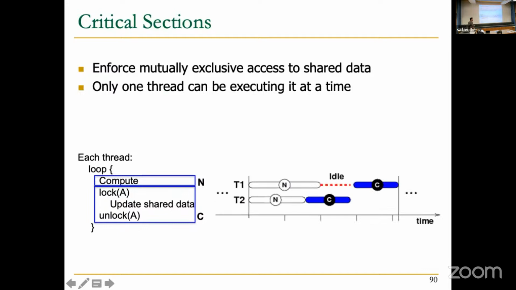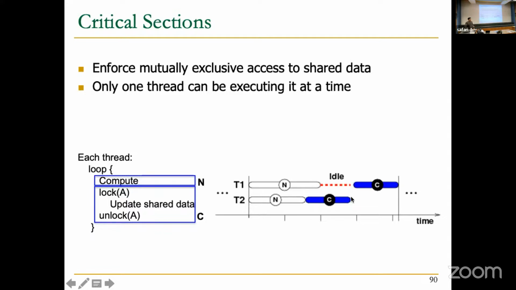On this diagram, you see an example execution of two threads running the same code block. Thread 2 here is executing the normal code block and takes the lock and goes into the critical section, while thread 1 is slightly late, so it didn't acquire the lock. And now it's waiting for the lock, and it's not doing any useful computation in this red dotted line part of the diagram.